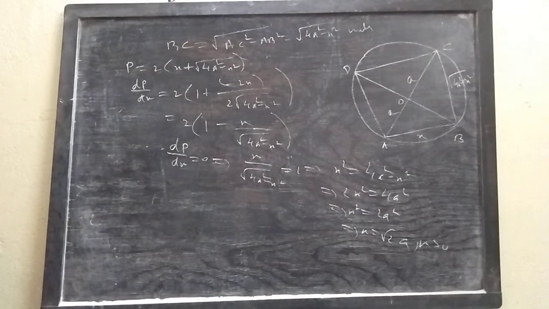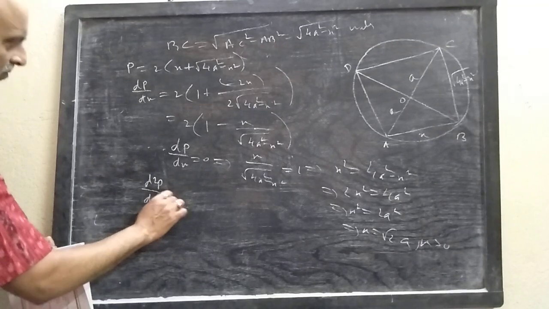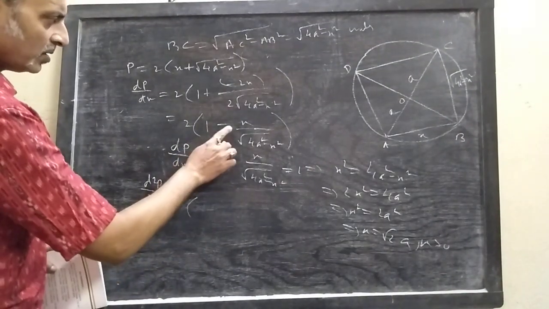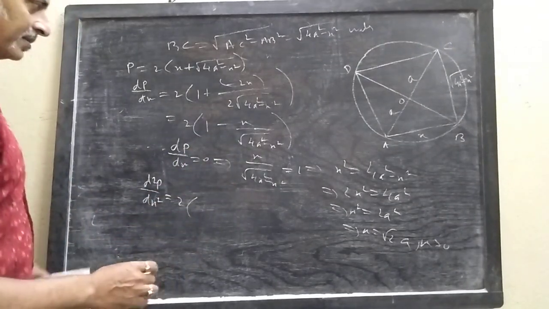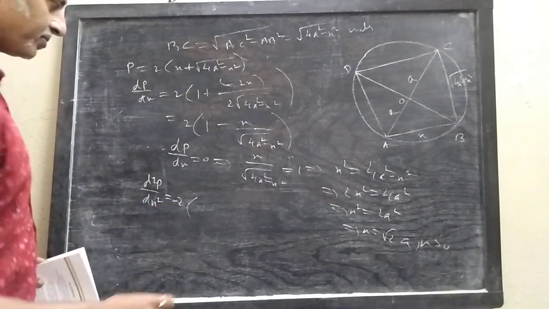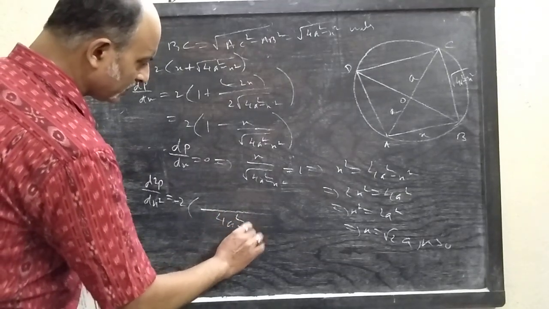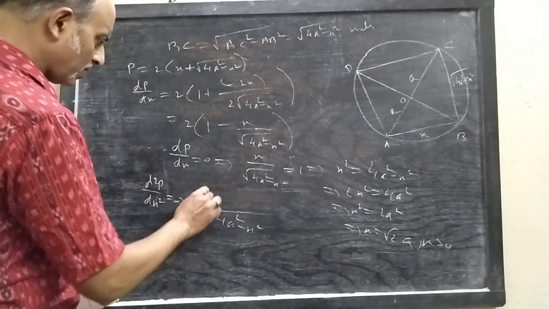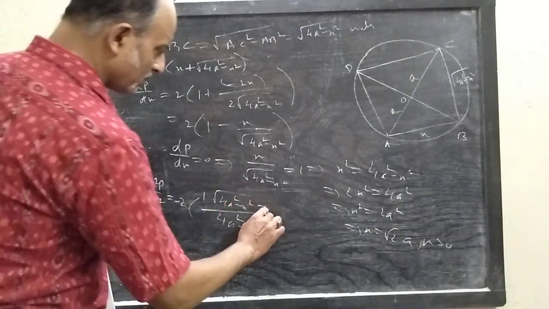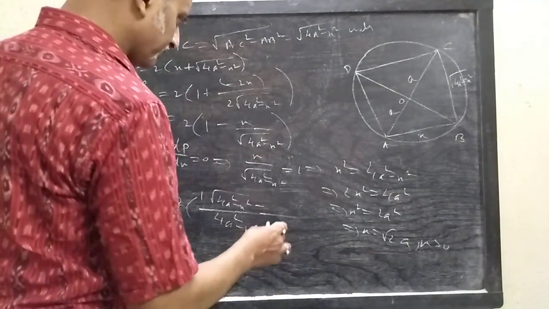Now find d2P/dx2. This becomes, this is 0. Quotient rule, let this be minus 2. Square of this is 4a square minus x square. Derivative of numerator 1 into denominator unchanged, compulsory minus, derivative of denominator.